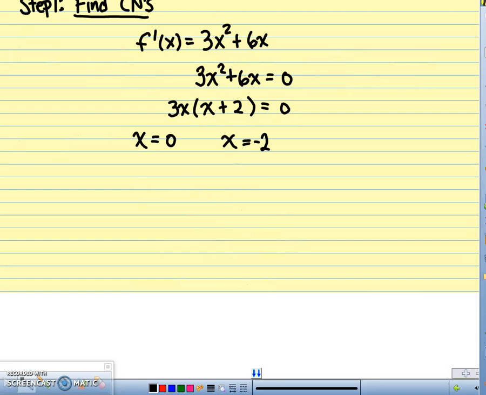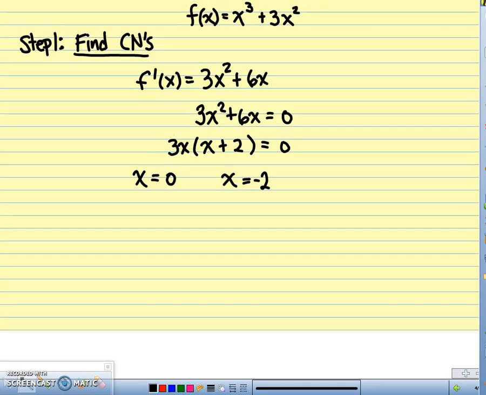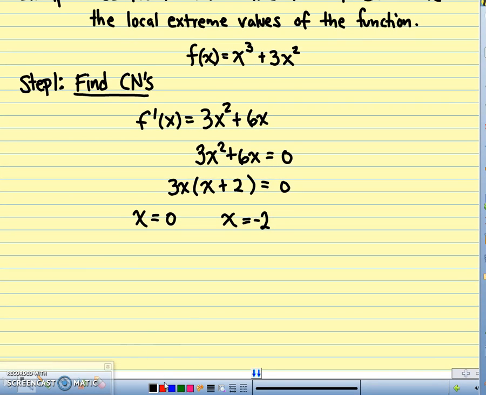After that, just like in the last video, we will do the number line, but that number line should be for f prime of x, so the f prime of x number line.